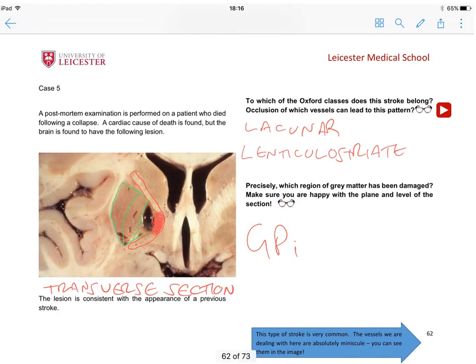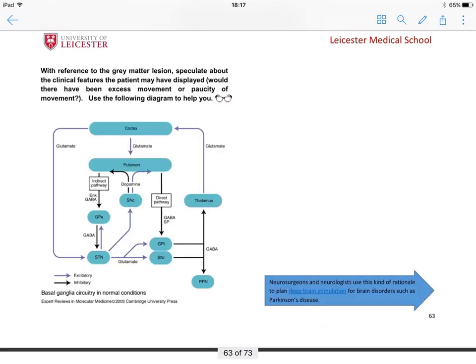So we've got a lesion which has traversed white and grey matter, leading to a basal ganglia problem, as well as upper motor neuron signs in the contralateral face and probably the contralateral upper limb. Okay, I hope that was helpful.